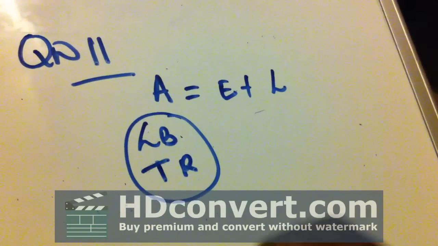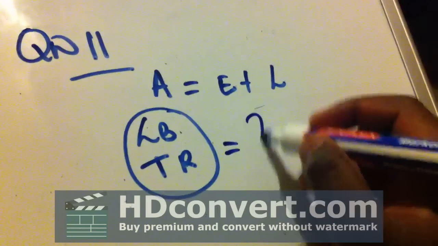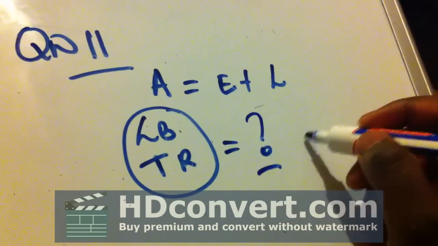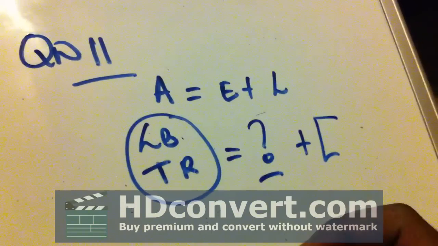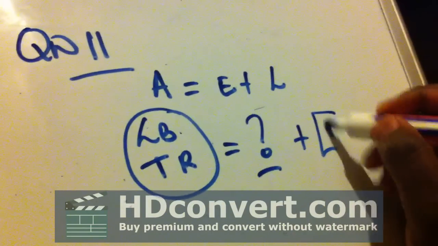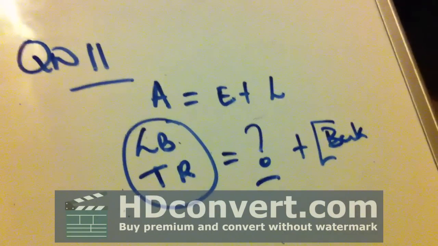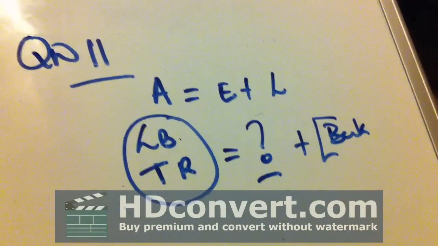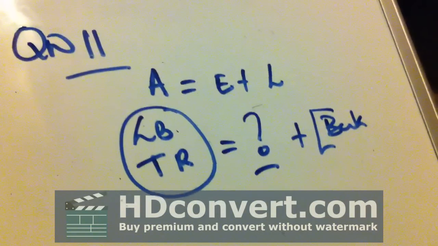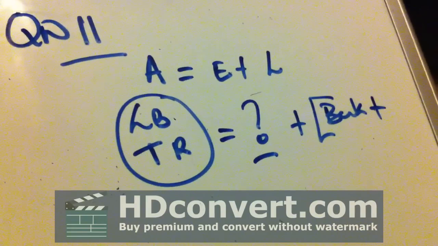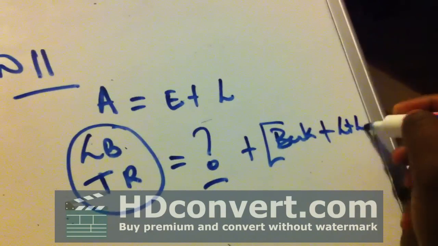800,000 plus 200, which is 1,000,000, equals, you are trying to find equity, plus how much are your liabilities. You're taking off bank because it's unfavorable, so it means it's an overdraft, and you're talking about long-term liability.